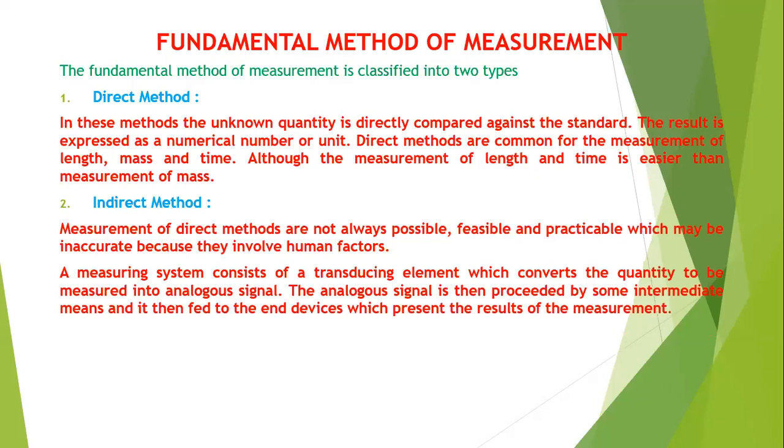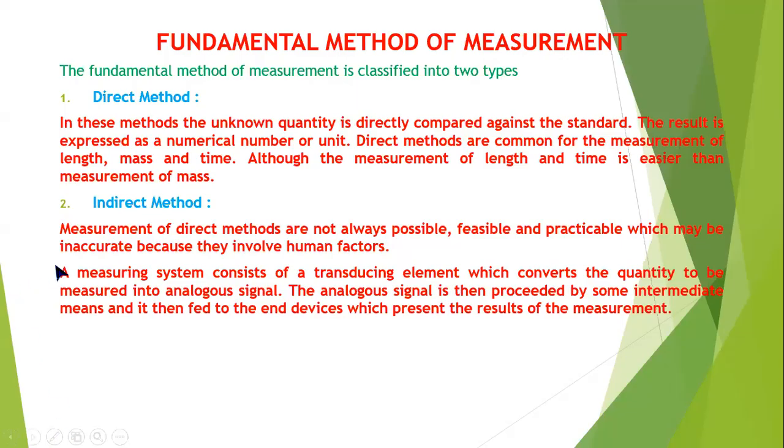How do you measure? By using a steel scale or tape. The procedure followed is that one end of the steel scale coincides with one end of the shaft and the other end coincides with the other end of the shaft. That will give you the measurement, in millimeters, centimeters or meters.